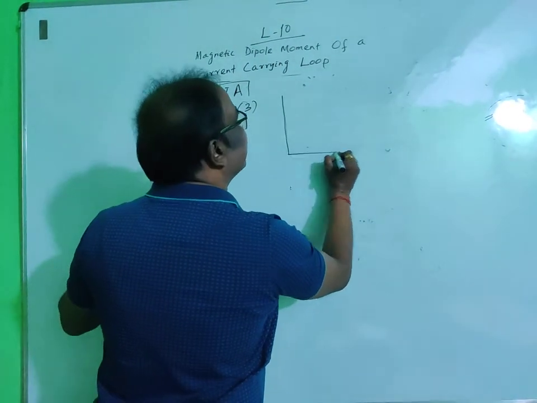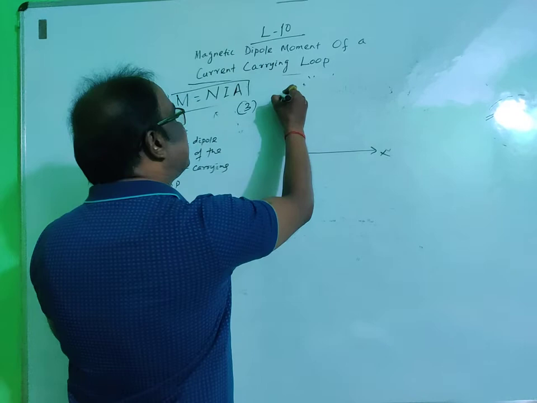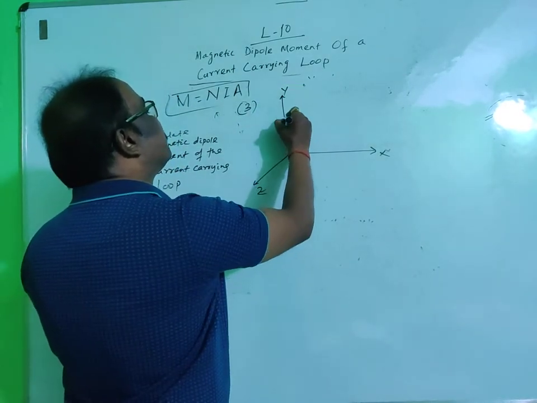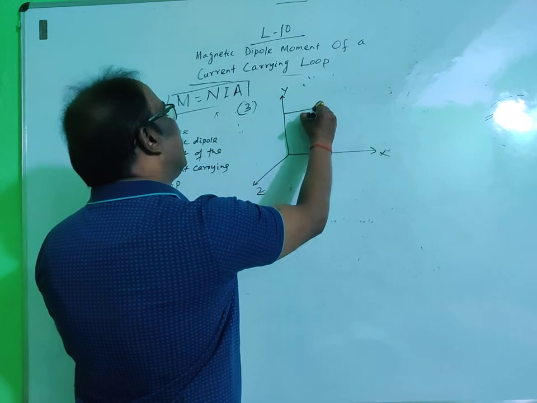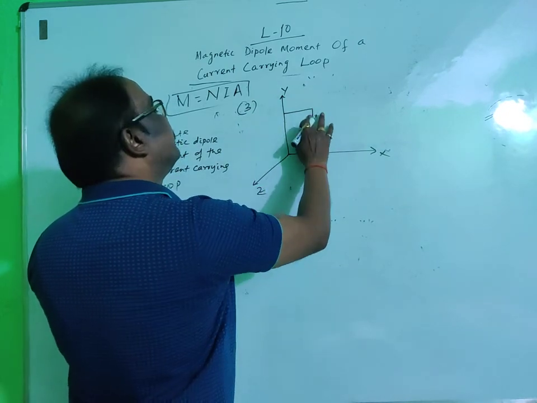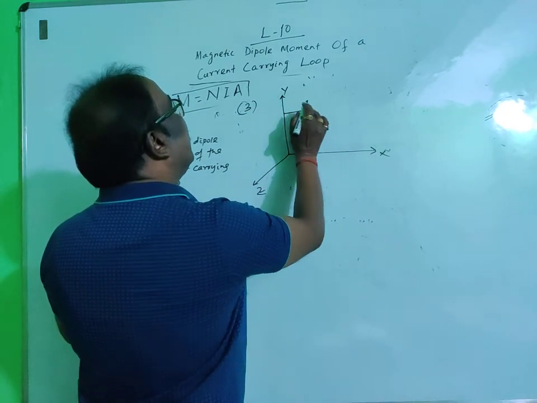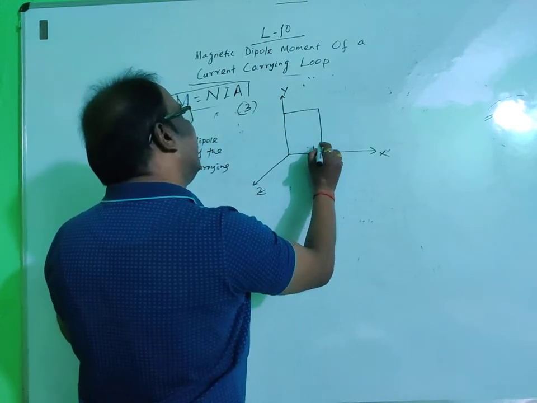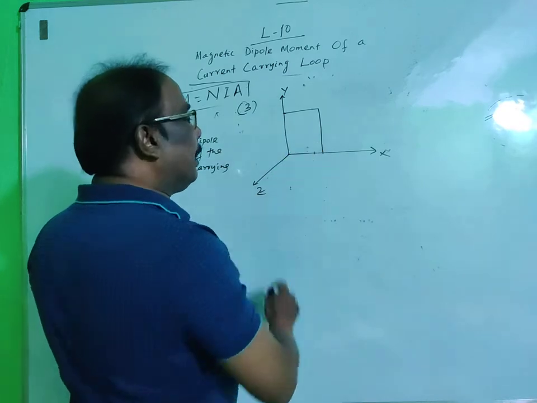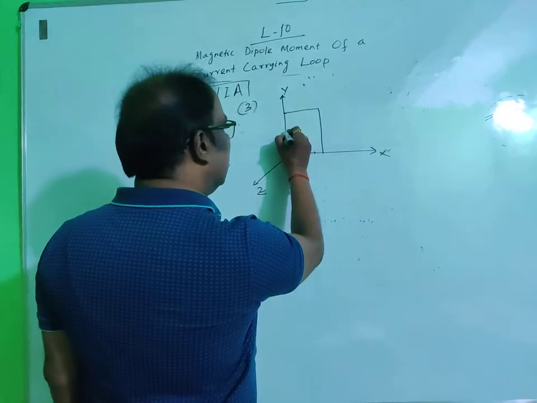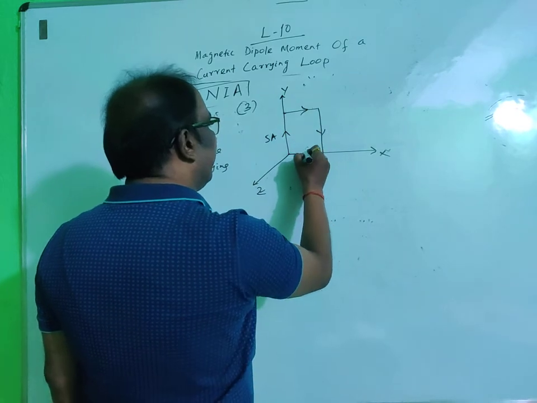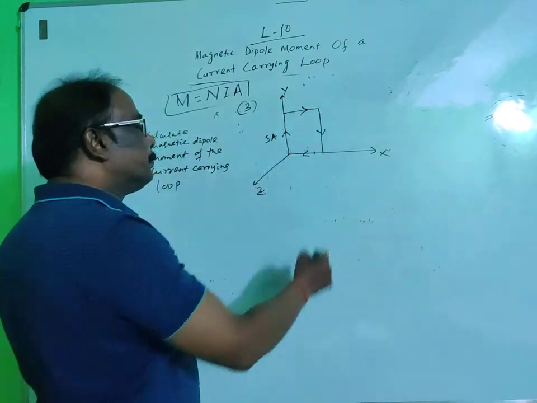Again, the coordinate system: x-axis, y-axis, z-axis. Suppose this is a rectangular current carrying loop, and current flowing in this closed loop is 5 ampere.